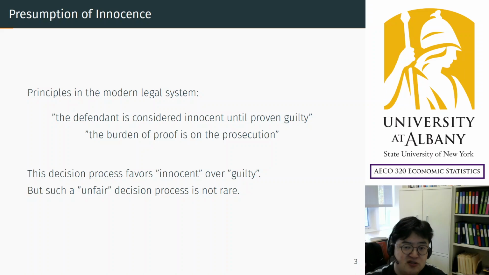The benefit of the doubt goes to one side. So it is unfair, but in the legal system, it is a very important way of thinking. And this is not rare.